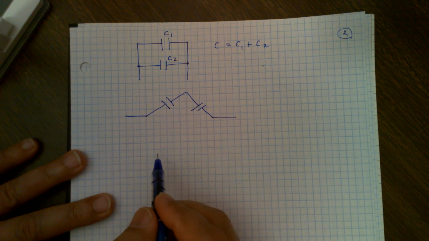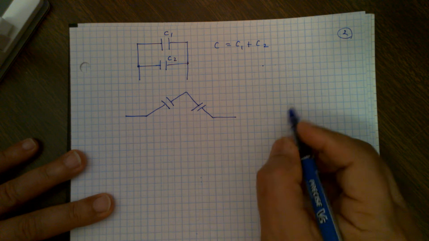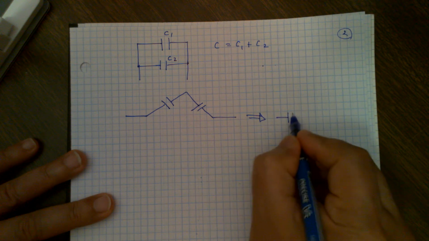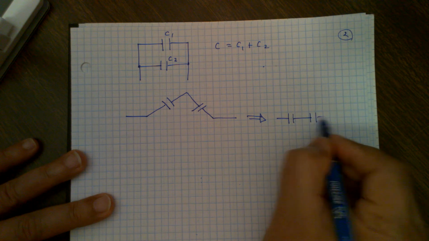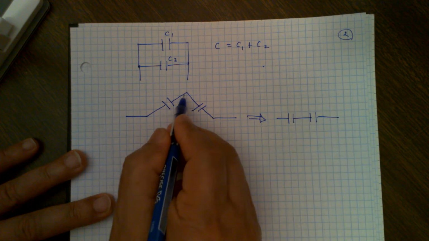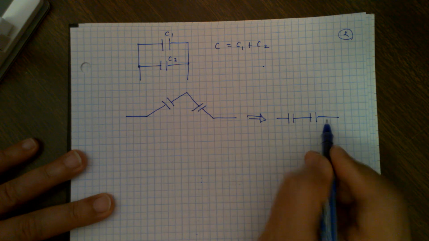So are they parallel or in series? Well, because this is the same wire continuously going like that, it is equivalent to something like this. Because you just fold this wire up here, it will be like this. So this is capacitors in series.